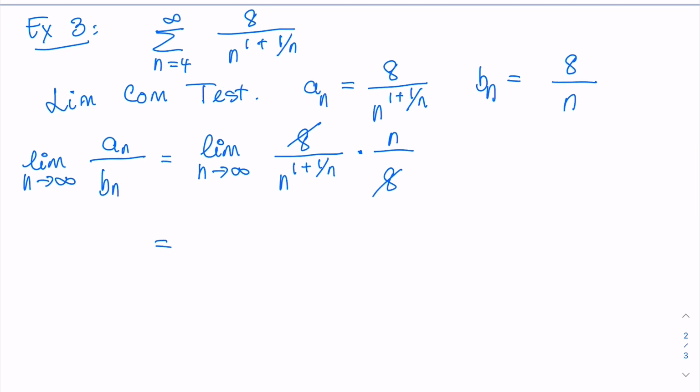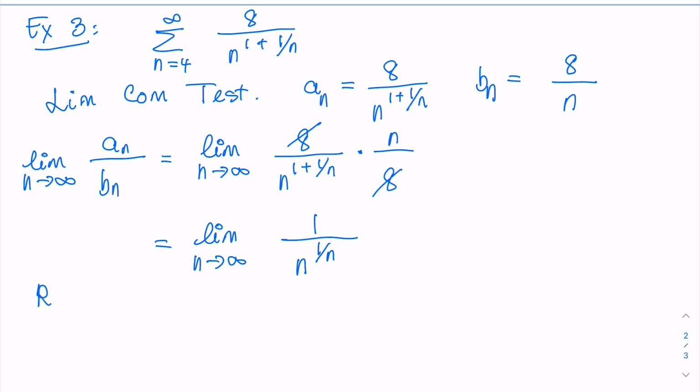So you can see that right here, we can write this as a product, so n times n to the 1 over n power. So if we rewrite one more time, we have 1 over n to the 1 over n power. Let's take a limit of that.